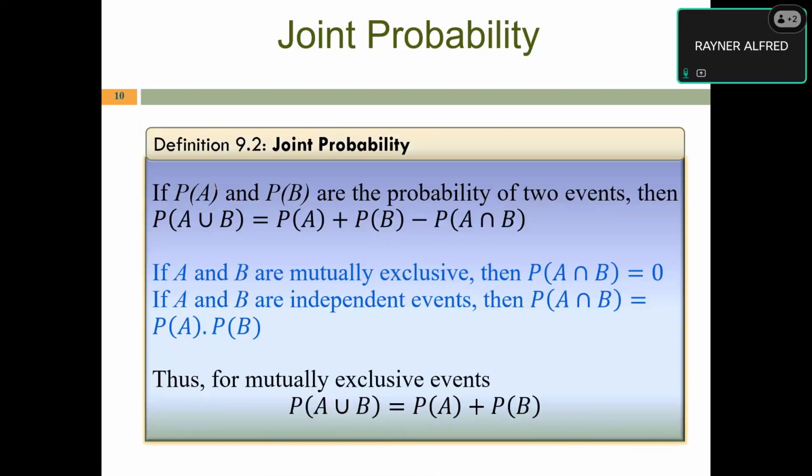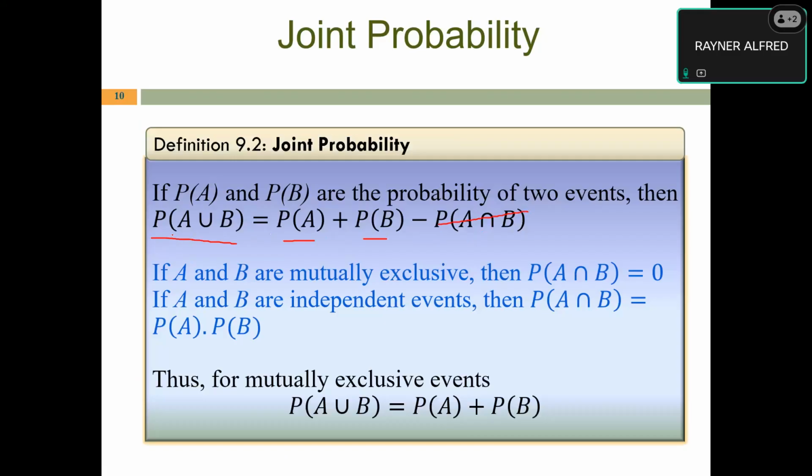We also have the joint probability. If we have the probability of A and B, which are the probabilities of two events, then the formula is: the probability of A or B is equal to the probability of A plus the probability of B minus the probability of A intersection B. We do not want to count this twice.